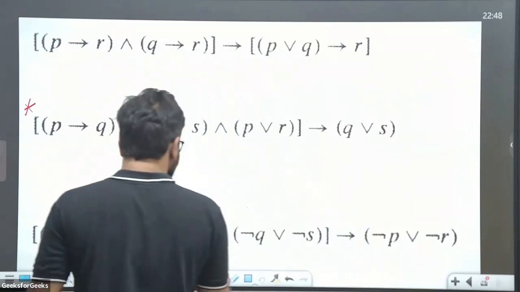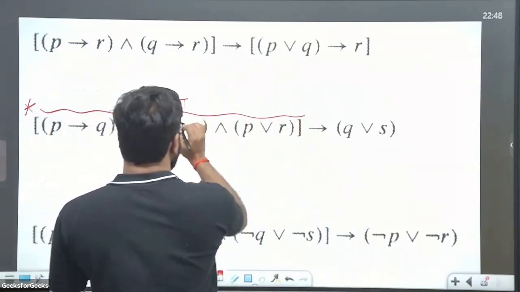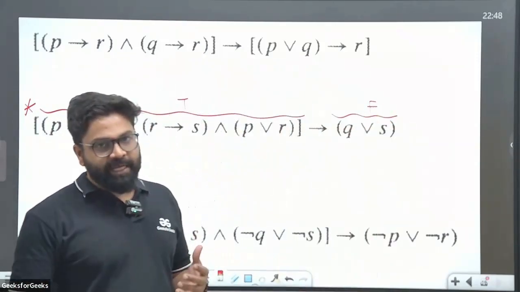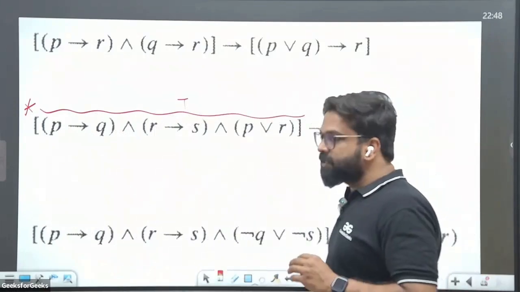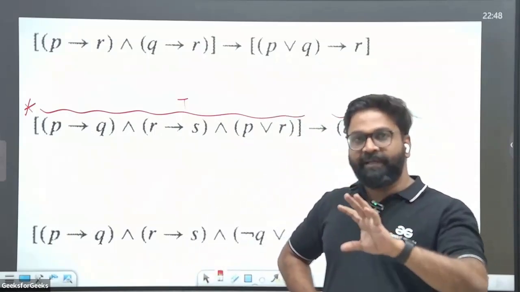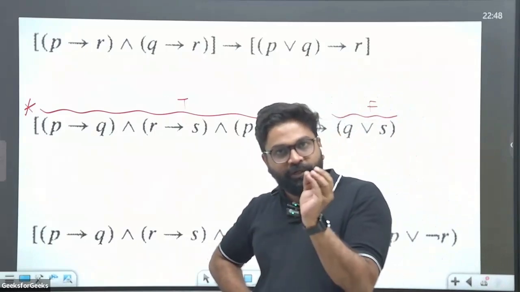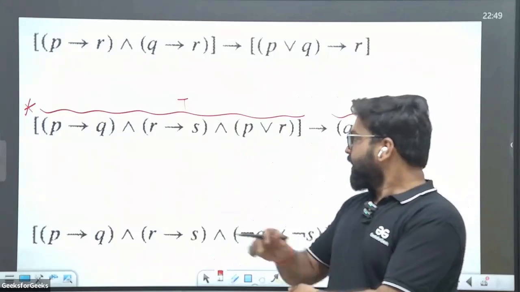See what you have to do. It's very simple. You have to take the left side as true and the right side as false. I know that it is the second time you are not able to solve this, but I will help you. The main intention in solving this type of question is to try to find out the values of the variables.